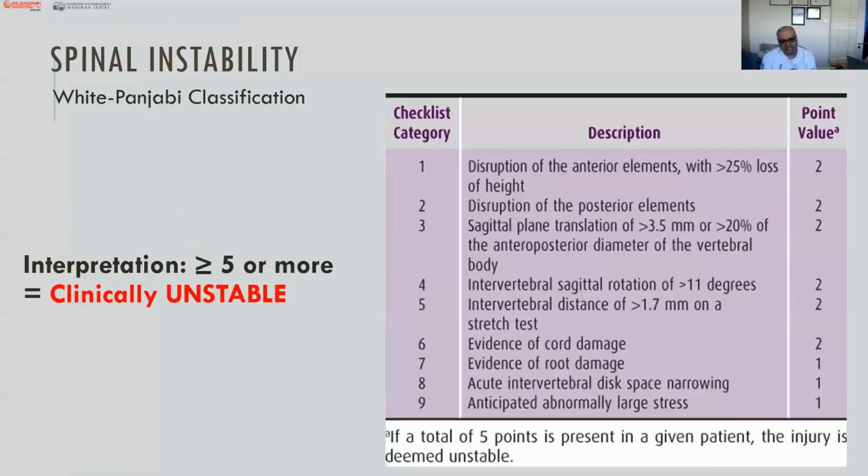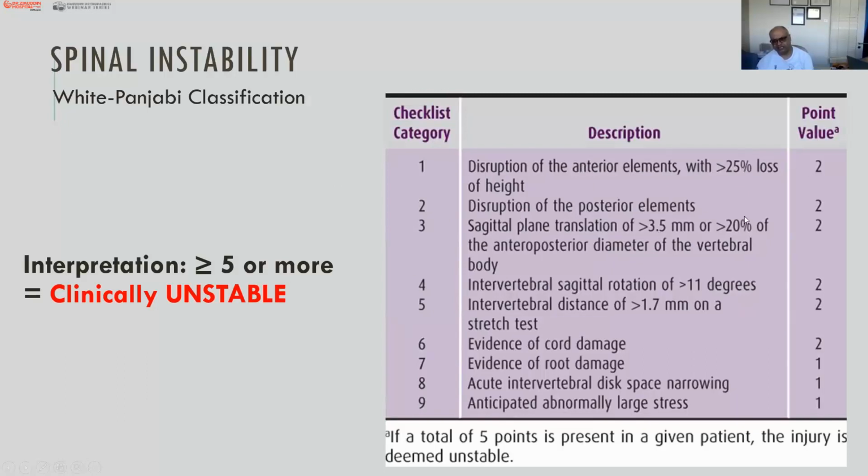Now, the White and Punjabi criteria are more for fractures. This has actually gone out of fashion. When I was training, White and Punjabi's classification was used far more to describe what was clinically unstable. Anterior loss of height greater than 25 millimeters was given 2 points.